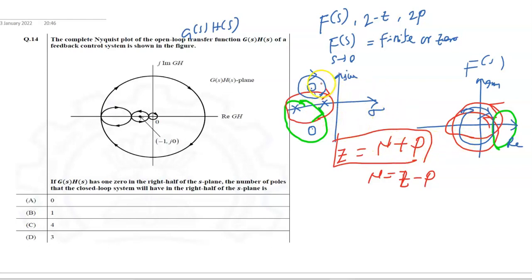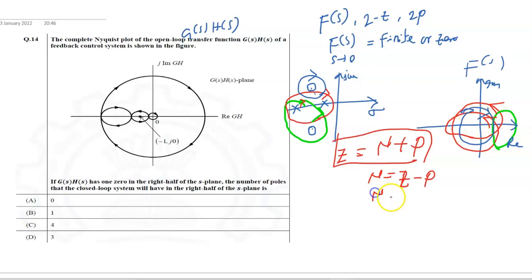You can now apply to each case, you will find the same thing. For example, 1 zero no pole, that is Z equal to 1, P equal to 0, so N equal to 1, positive, that is the same orientation. When one pole and 1 zero are included, Z minus P is 0, so no encirclement of the origin in the F(s) plane. Now interestingly, when you include two poles in the S plane, you encircle the origin of the F(s) plane twice in counterclockwise direction.